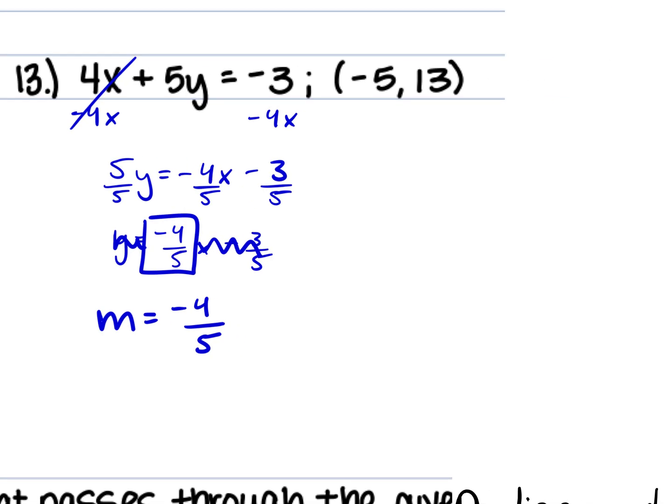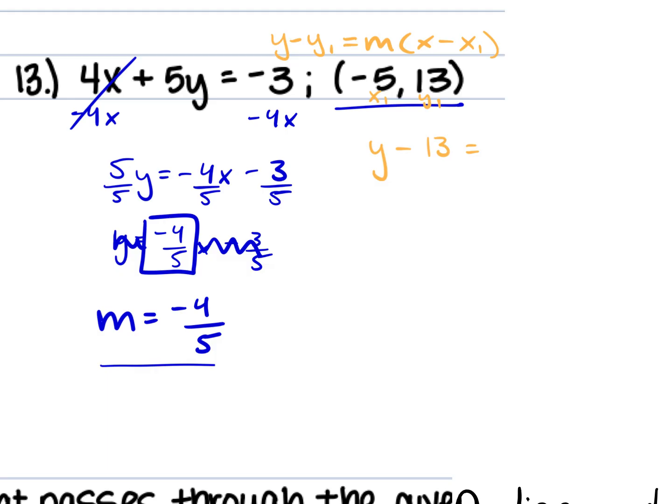So now when we come up with our equation of the line, we have the slope and we have a point. What would we need to do? Point slope form. So our point slope form is y minus y1 is equal to m times x minus x1. So y minus 13, this is x1 and y1.